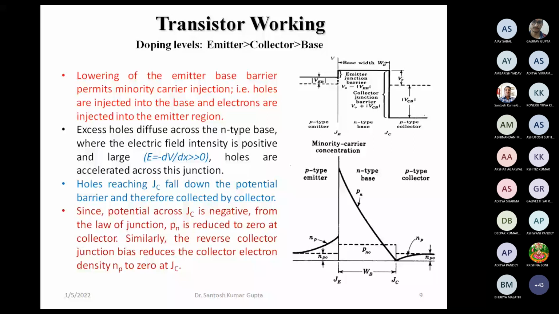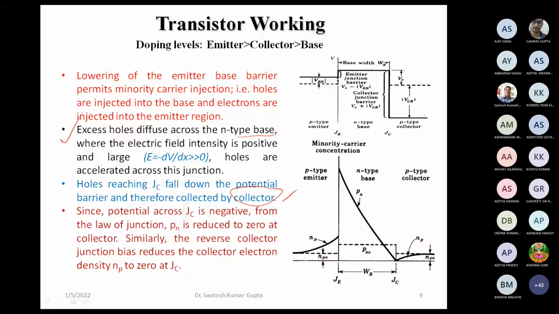So excess holes diffuse across the base, and as soon as these carriers reach the collector, they accelerate and fall into the collector, and are collected by the collector.